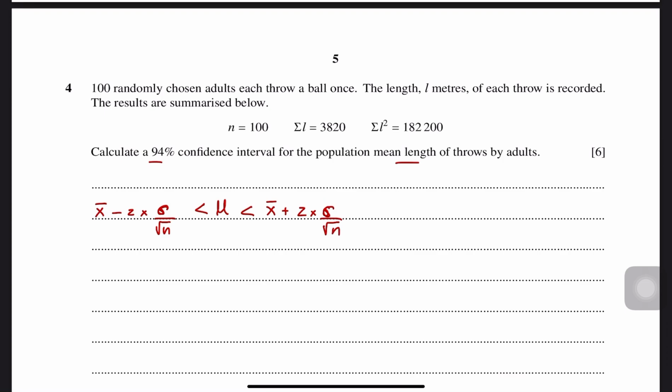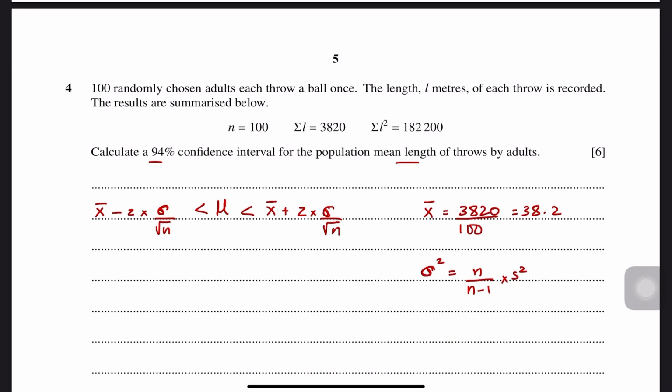Computing things one by one, x bar is simple: 3820 divided by 100, which is 38.2. For sigma, I will need sigma squared, which is n over n minus 1 into s squared, and s squared itself is computed with a formula.